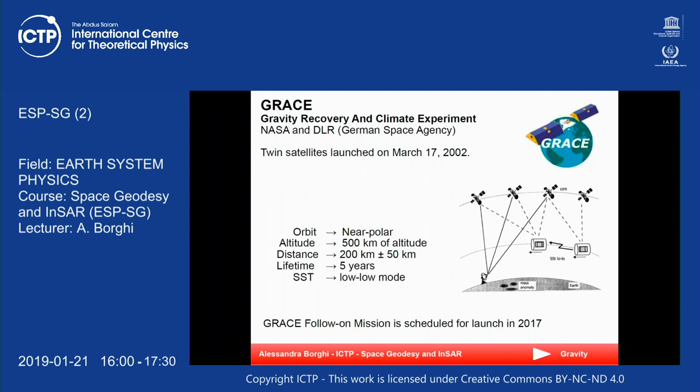When you have a satellite mission, it has a lifetime. It doesn't work forever. And for GRACE, because it was a very important mission with very good results, they decided to schedule a follow-on mission to continue.